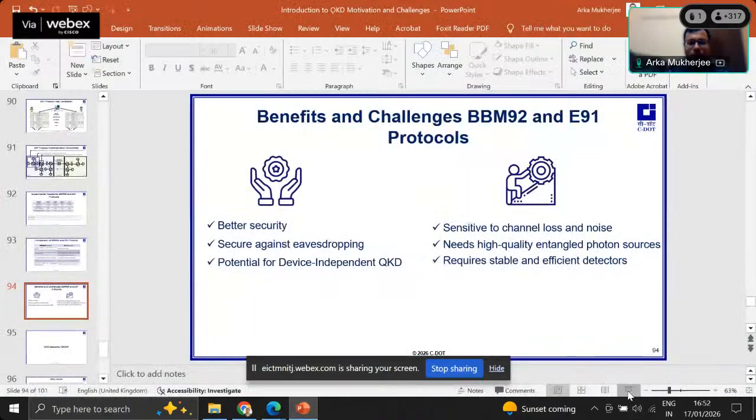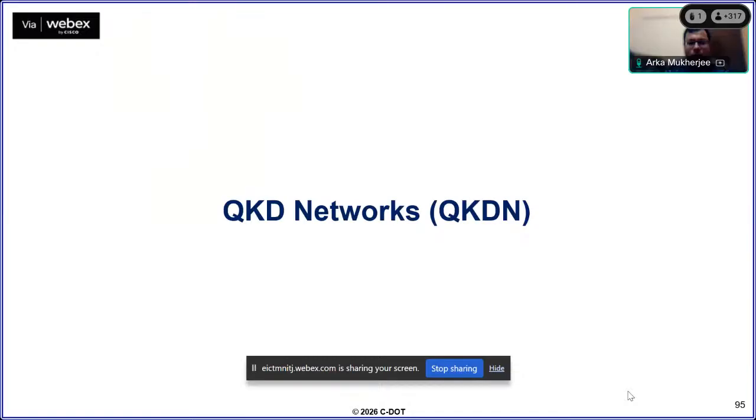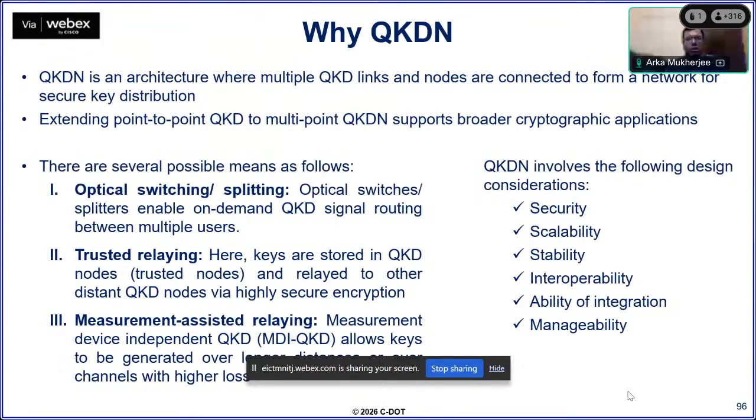Okay. So now, going forward, I'll conclude this session with some overview of QKD networks. Till now we have considered only the point-to-point QKD network. Now it might happen that a point-to-point network is not always sufficient, so there will be trusted relays, and there will be optical splitting or switching in between. So we need to form a network of QKD links.